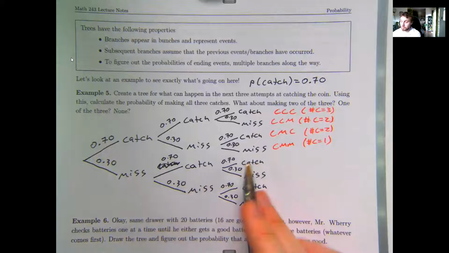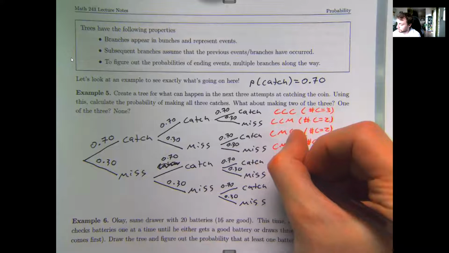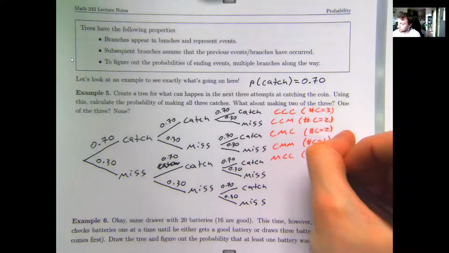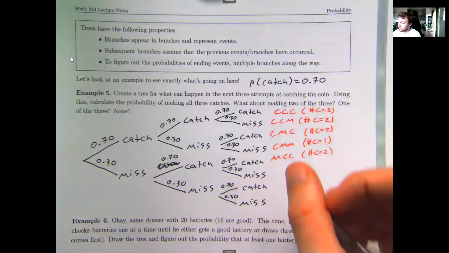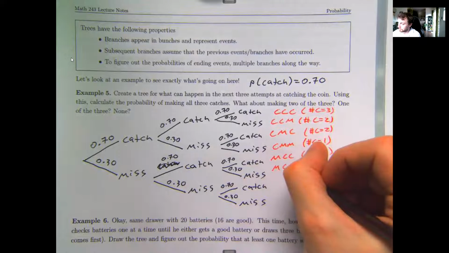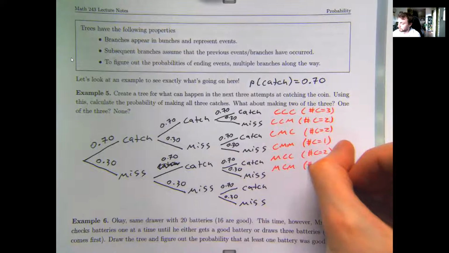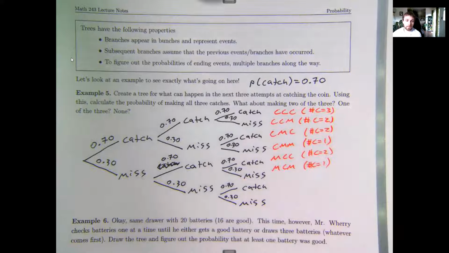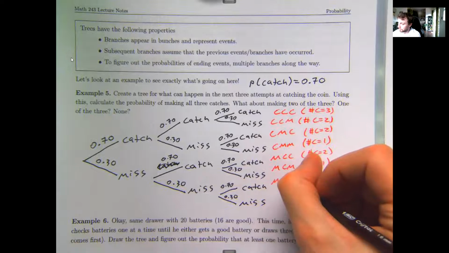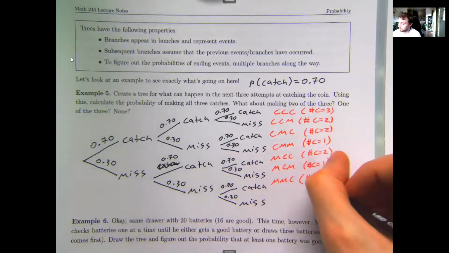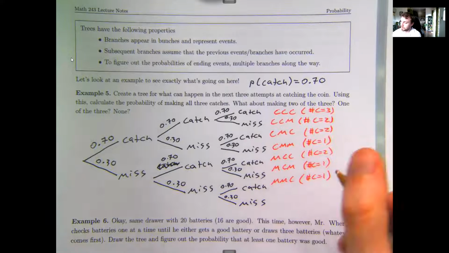Miss, catch, and catch, that's 2. Miss, catch, and miss. The number of catches here is 1. Miss, miss, and catch. That's 1 catch.